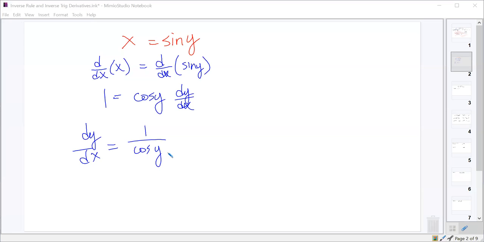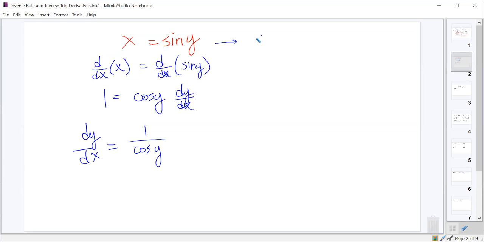Inverse sine on that red equation. Say that again? Inverse sine on the red equation. This one right here you're talking about? Yeah. I'm not sure exactly what you mean by that. You mean to take the inverse sine of it? On both sides. Oh, I see. So you want to get y equals the inverse sine of x and get the cosine of the inverse sine of x?